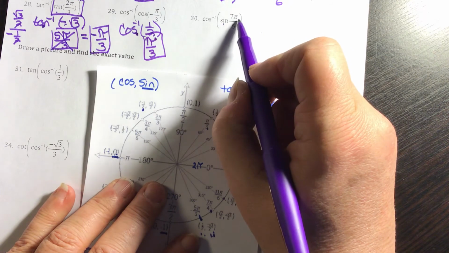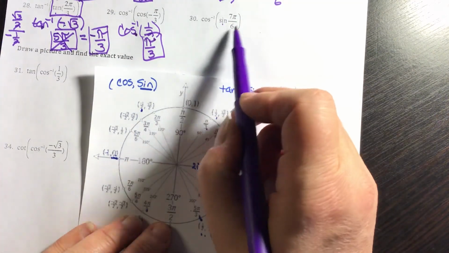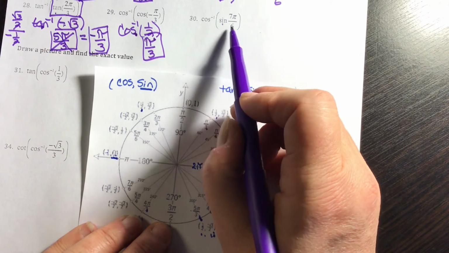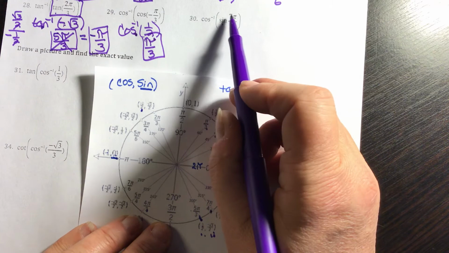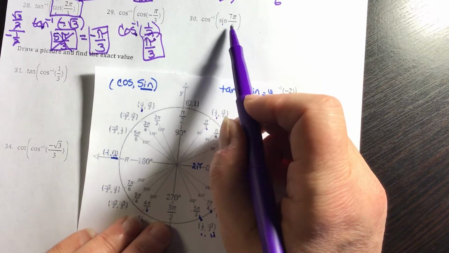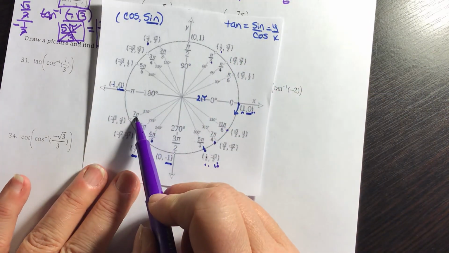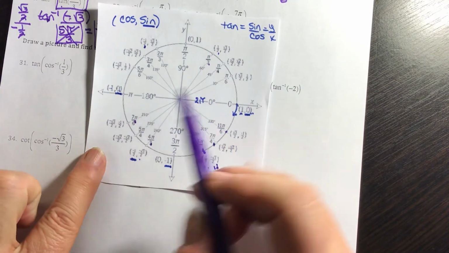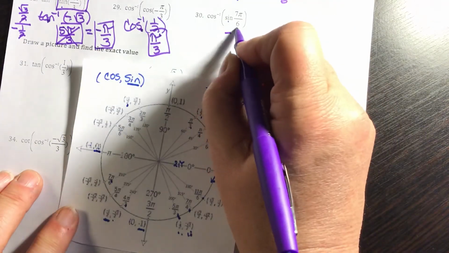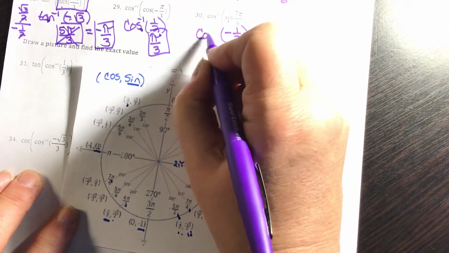Sine of 7 pi over 6. I don't have to worry about my domain here because sine has a domain of all real numbers. So I just find the angle 7 pi over 6. That's this angle right here. The sine of that is negative 1/2. And now I want the inverse cosine.